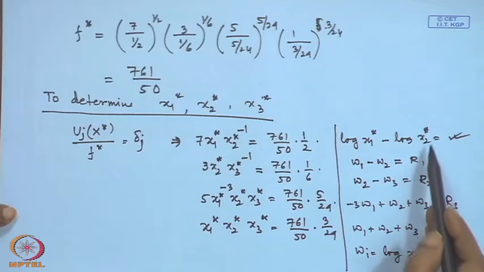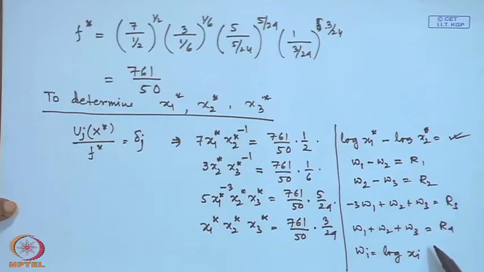Now, once we are solving these linear equations, from there also we will get the values for Wi's at the optimal level, and once we are getting Wi, xi's can be obtained by considering e to the power Wi.